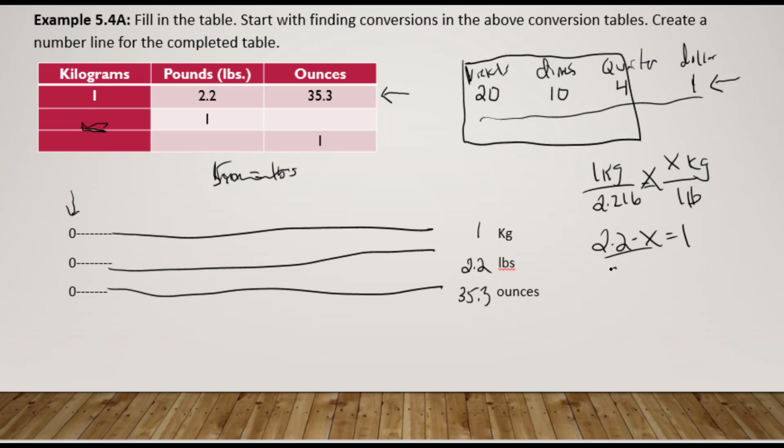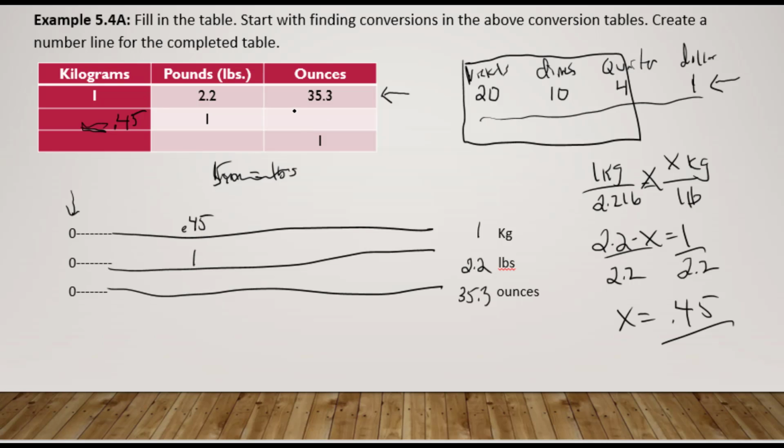Divide both sides by 2.2. Divide by 2.2, go on my calculator, and I get x equals 0.45, and that's to 2 decimal places. So I can put 0.45 here. And I actually can go down here and find a little less than half. 0.5 kilograms is the same as 1 pound.